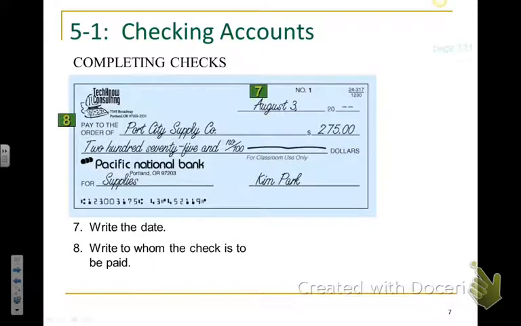So we write the numbers out in words, and then in cents we put however many cents, in this case it's 0 cents over 100. And then we draw a straight line across to fill in the balance of the space. This is so that nobody can accidentally slip in some additional words.